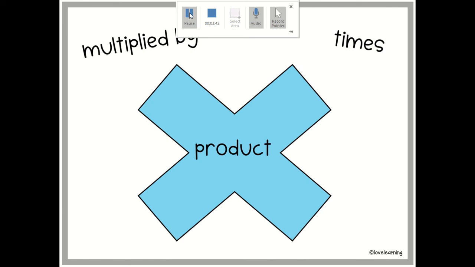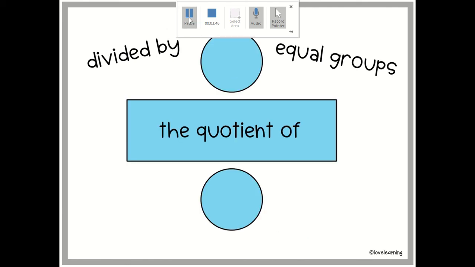These would all mean to multiply. The last operation we're going to look at is division. Some phrases that let me know when to divide are divided by, equal groups, and the quotient of. Some examples that could be used as written expressions are 14 divided by 5 and the quotient of 14 and 5.